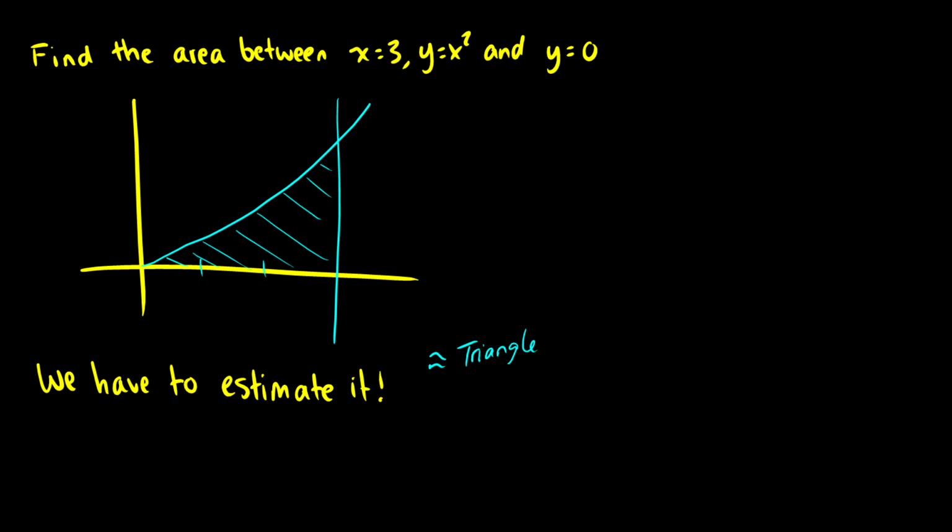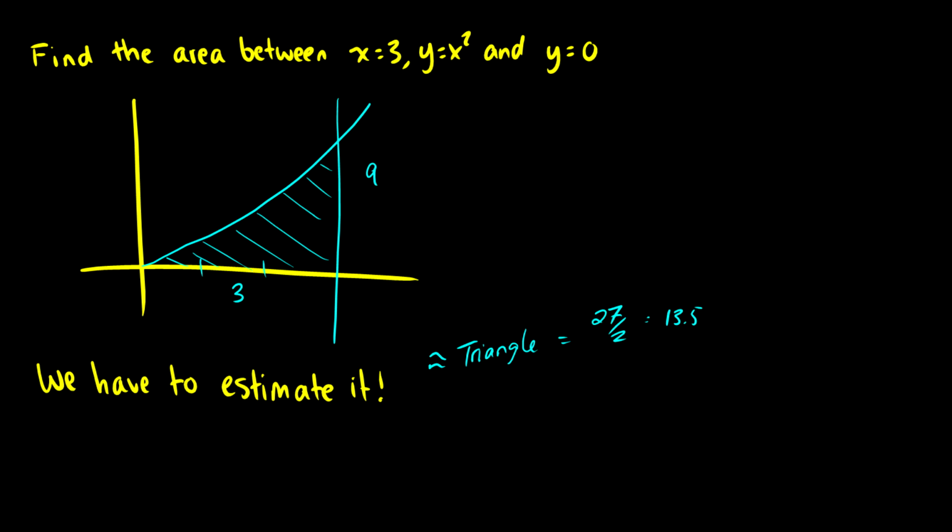So we would have x squared. This height would be 9, and this length here would be 3. So we could say that it's roughly going to be 27 over 2, which would give us the answer, oh, it's 13.5. But we know that's probably not right.